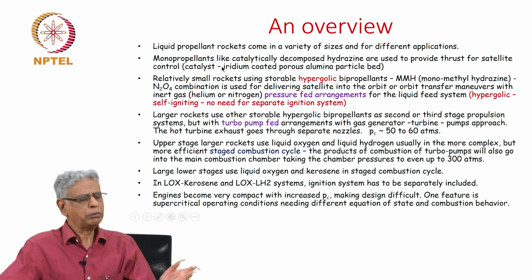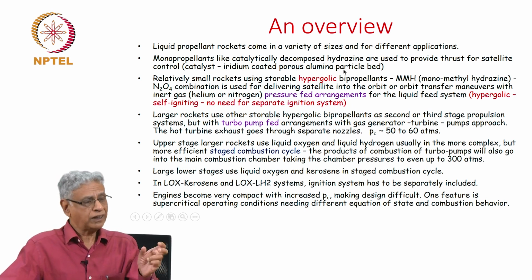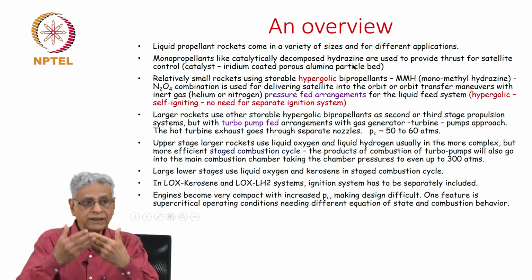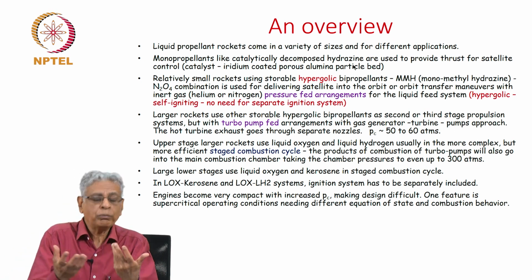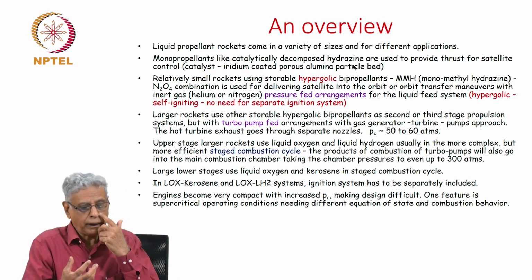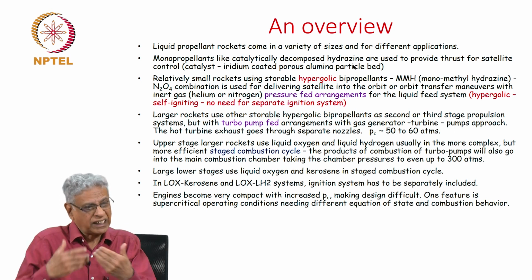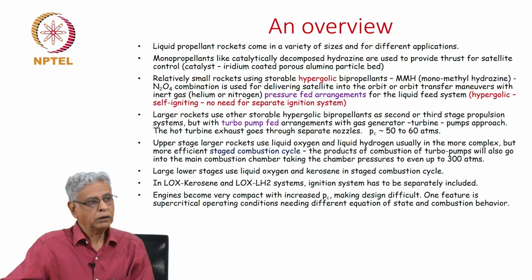Catalyst typically is an iridium coated porous alumina particle bed into which you spray the monopropellant. Because the spray hits it, surface decomposition of the propellant, in this case monopropellant hydrazine, occurs because of the catalytic activities at the surface, and you get gases generated.